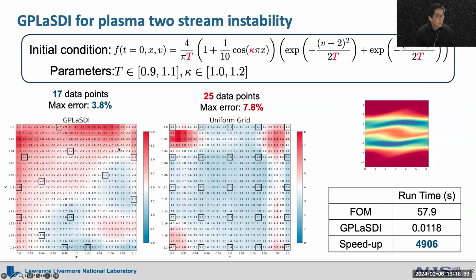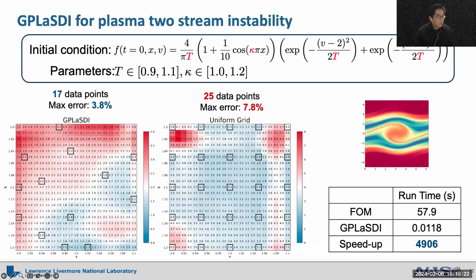For this particular example, the 1D Burgers plasma benchmark problem, if you use the uncertainty-based sampling procedure with only 17 data points, you can achieve a maximum relative error of 3.8% over your parameter space.